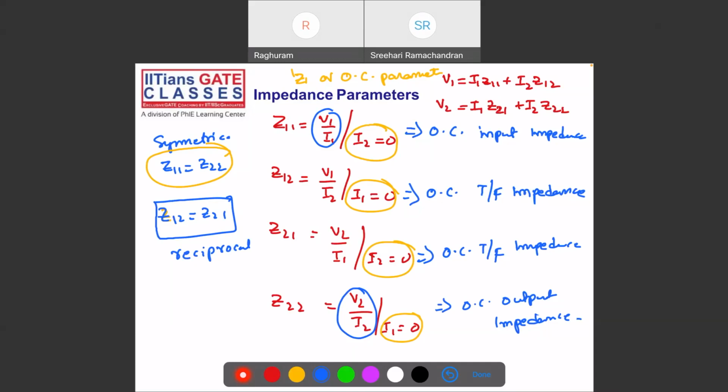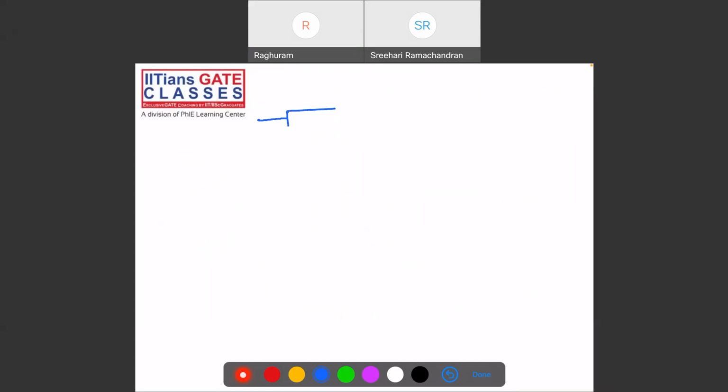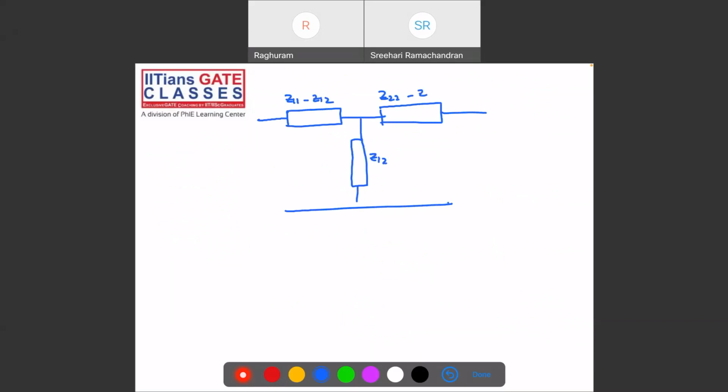I was telling you about the T equivalent circuit. So this is Z12, with Z11 minus Z12 and Z22 minus Z12. This is valid only for reciprocal networks, that means Z12 is equal to Z21. This is my V2, I2, V1, I1.